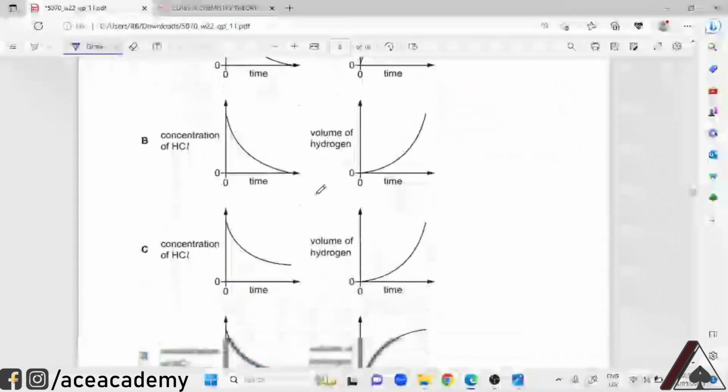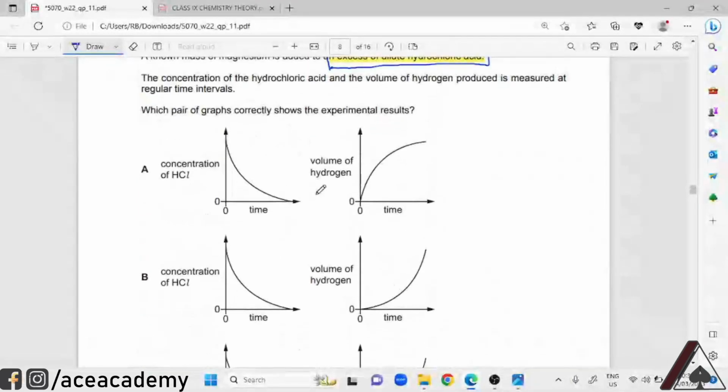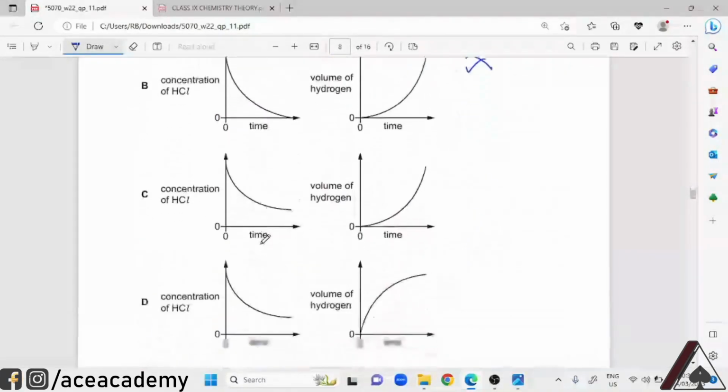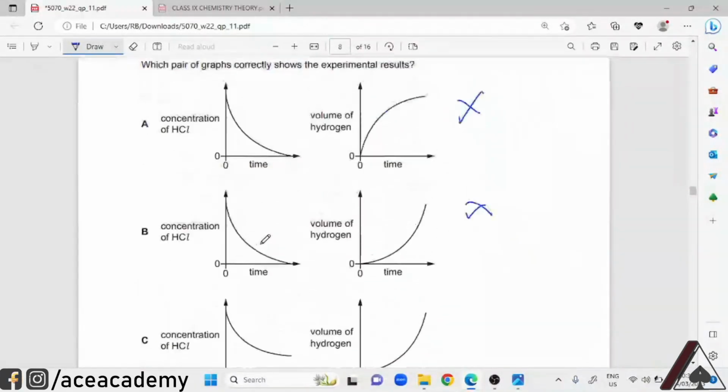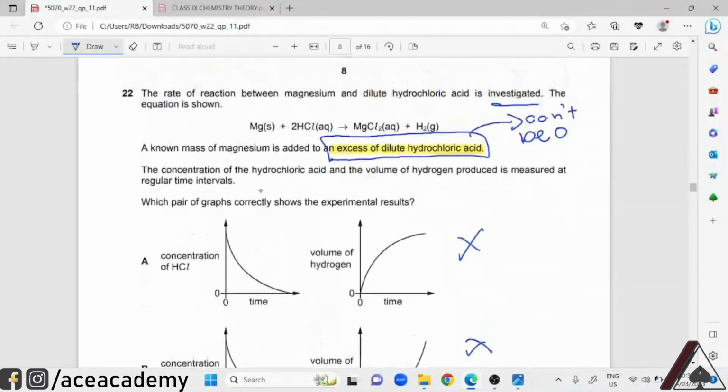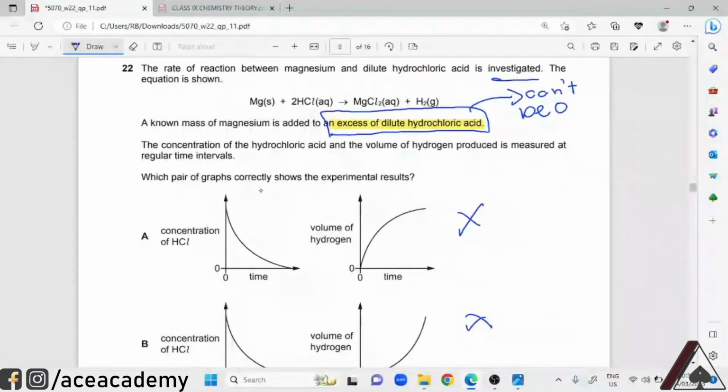From here we can derive that option A and option B cannot be our answers, since the concentration of hydrochloric acid in option A and option B gradually decreased to 0, but we know that the concentration of hydrochloric acid cannot be 0 in our answer because it is in excess.